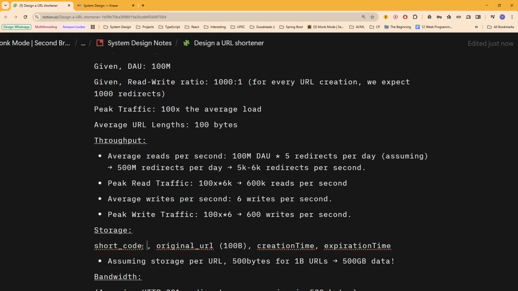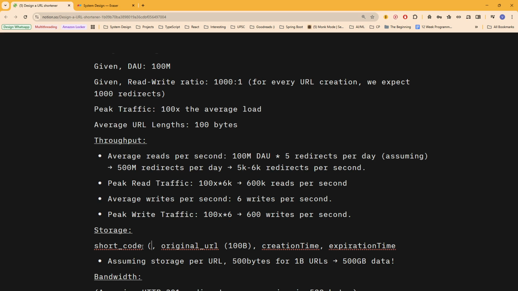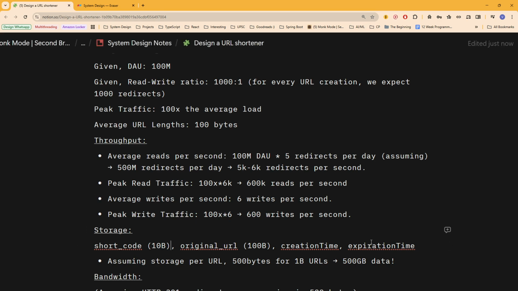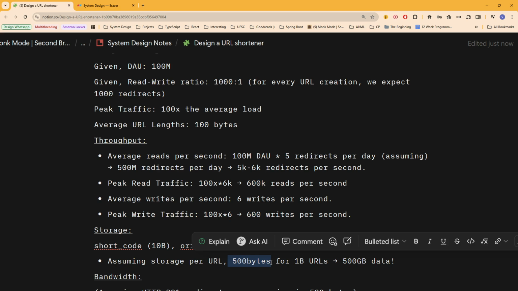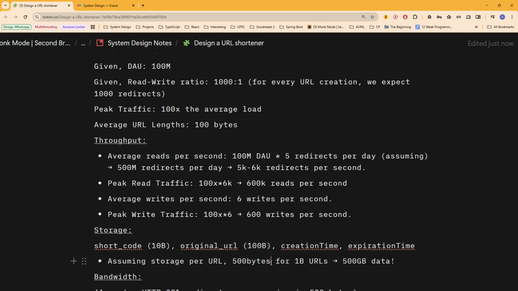For the short code, if we store it in six or seven character length, you can take it as 10 bytes, plus creation time and expiration time. On average, if you take 500 bytes, it is good enough for this problem. So we are taking 500 bytes per row. So for 1 billion URLs we have 500 GB of data. Again, these calculations are very easy if you have gone through hellointerview.com's Numbers to Know blog.